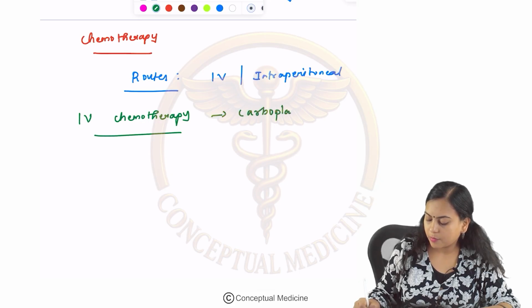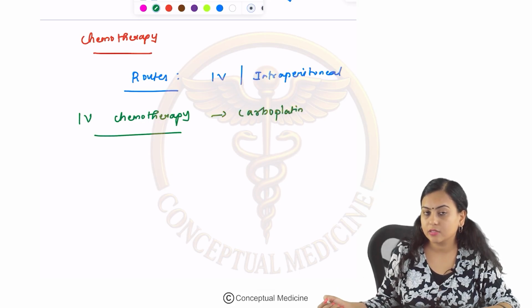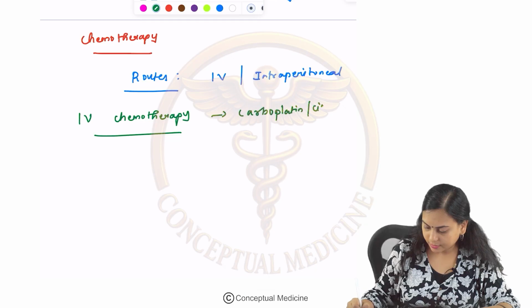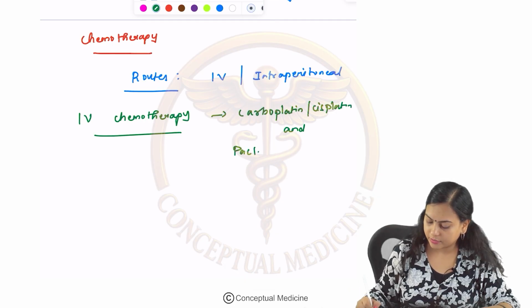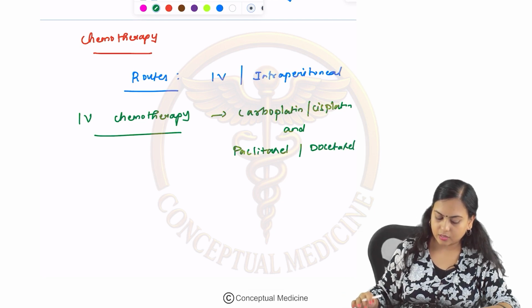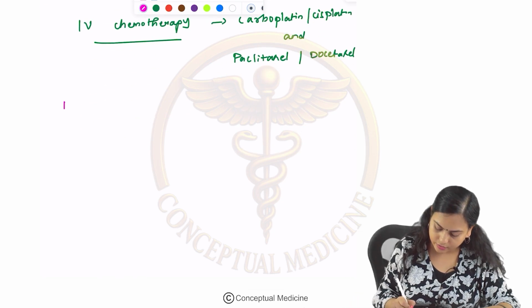We choose platin group of drugs, either Carboplatin or cisplatin, that will be combined with taxane group of drugs, that is Paclitaxel or docetaxel.